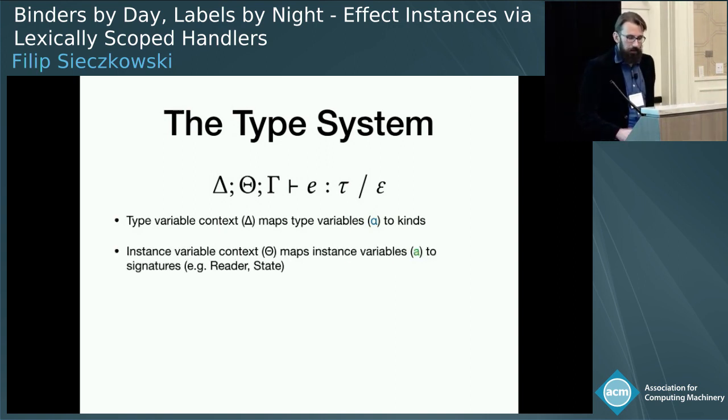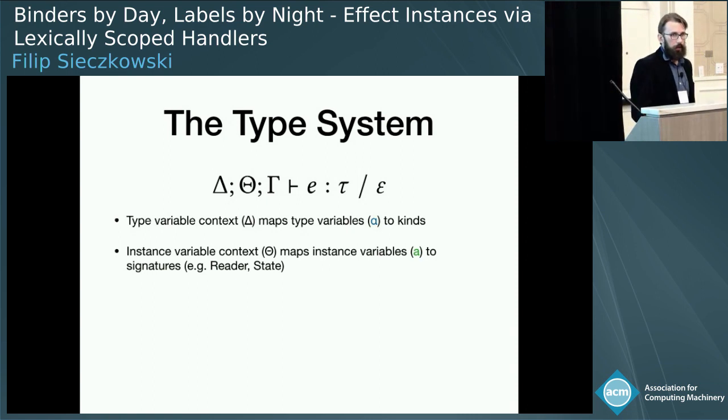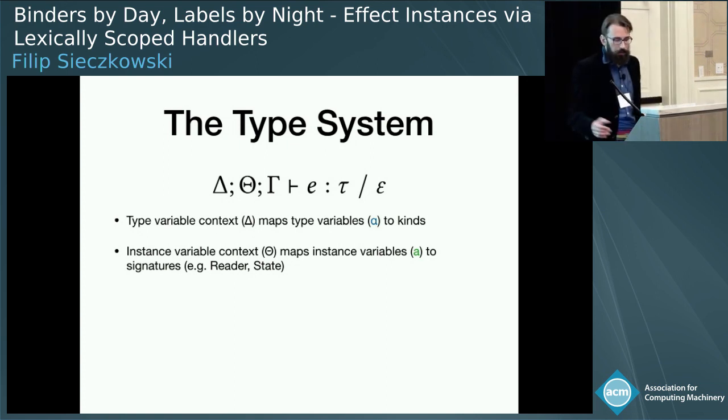The second context, and this one is the interesting one, is what tells us what instance variables we can use. This maps instance variables to signatures. And signatures is basically the reader and state and stuff that we used there.